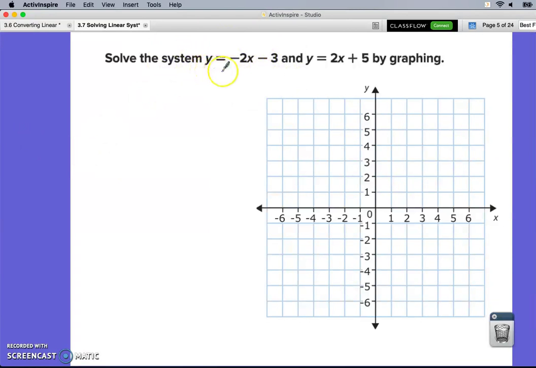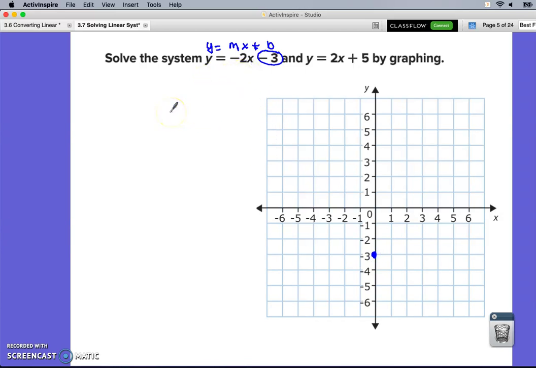It's in y equals mx plus b form, where m is the direction we move and b is where we start. So we're going to be starting at negative 3. So we're going to go from here, down 1, 2, 3. Right here. That is going to be our first dot.